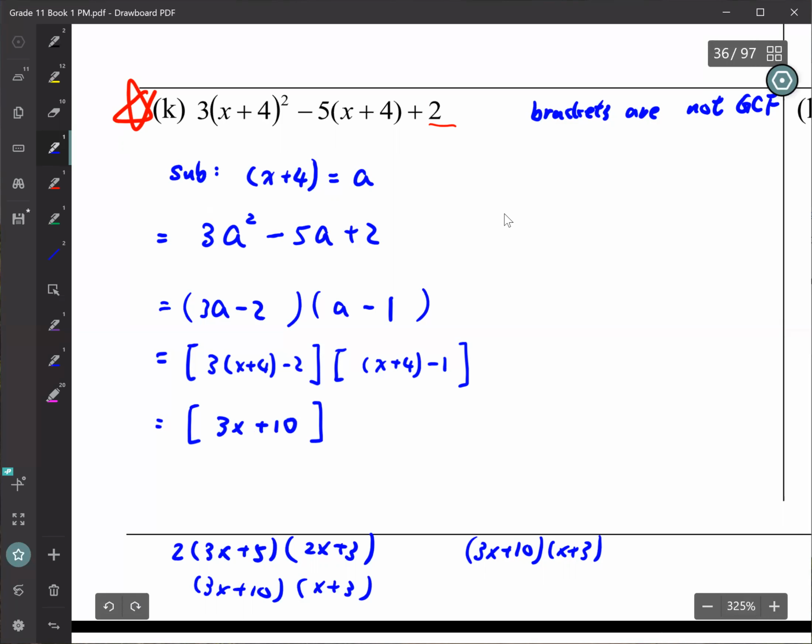If you multiply in, you get 3x plus 12, and then 12 minus 2 should be 10. And then the second bracket, Harry? X plus 3.